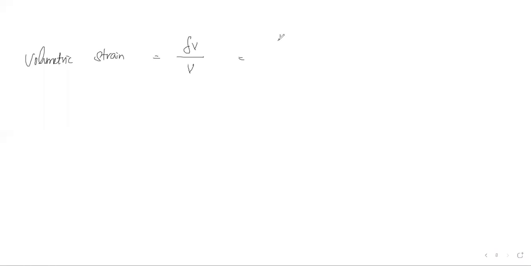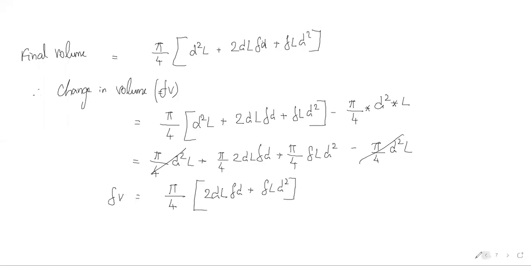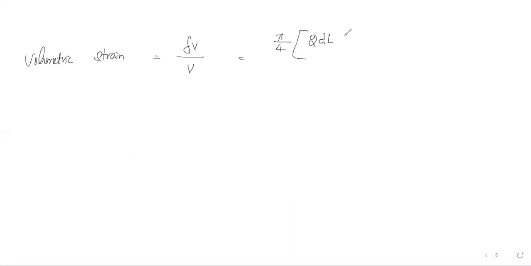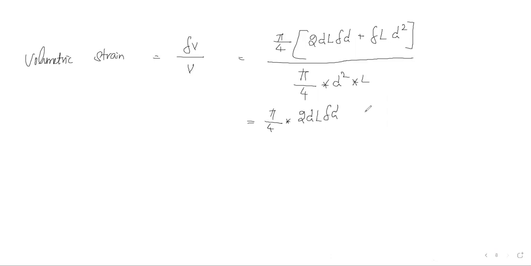So here the change in volume is nothing but pi by 4 into 2dl del d plus del L d square, divided by original volume pi by 4 into d squared into L. So if I split it up into two terms, that is pi by 4 into 2dl del d plus pi by 4 into del L into d squared, divided by pi by 4 into d squared L.